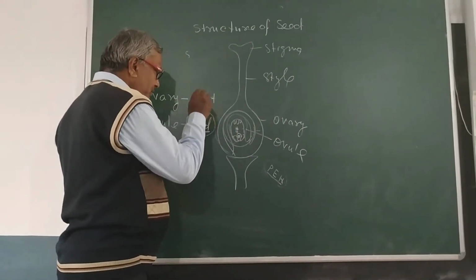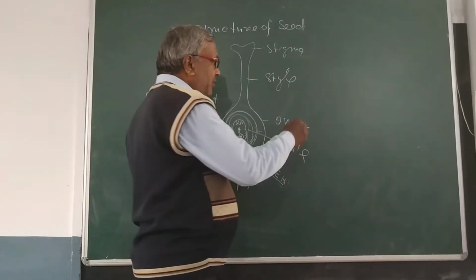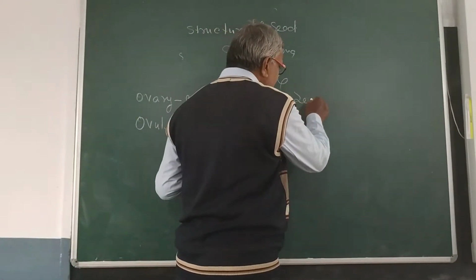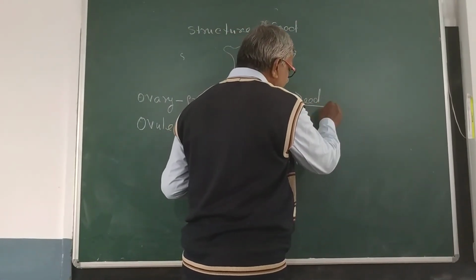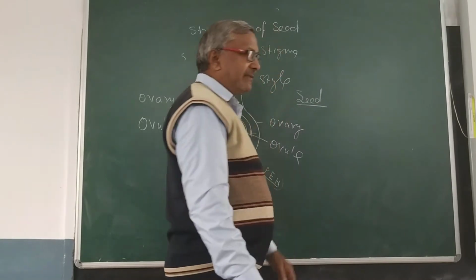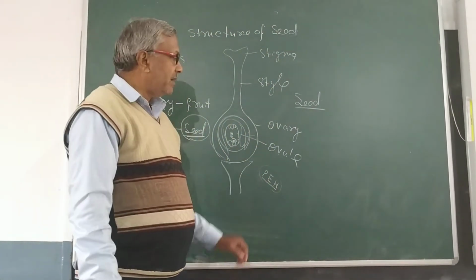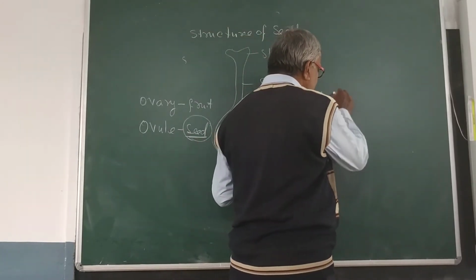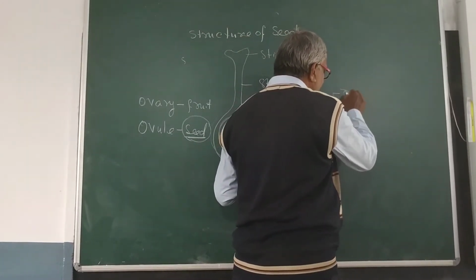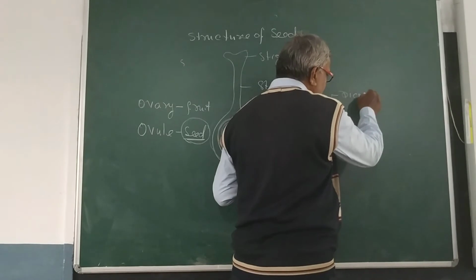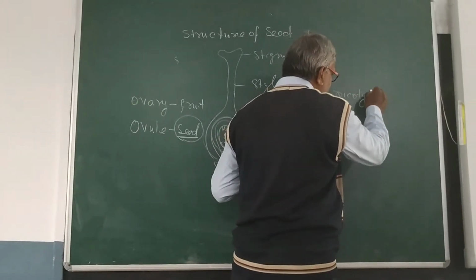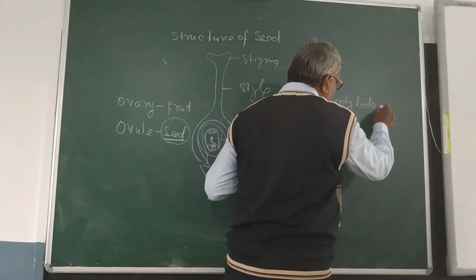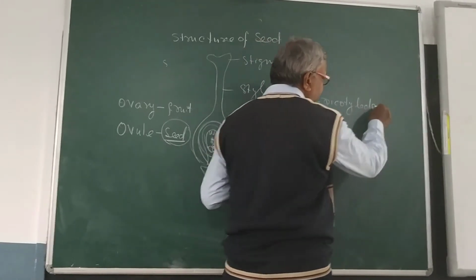Children, you have to study about the seed. You know, seeds are two types on the basis of number of cotyledons. If in the seed two cotyledons are present, that is called dicotyledonous seed.